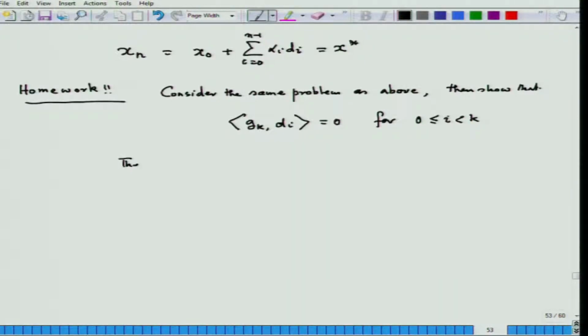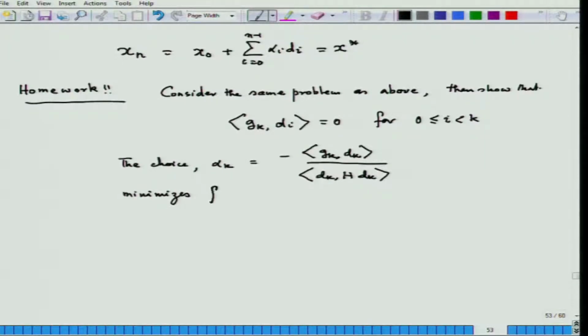And the choice of alpha_k is such that it minimizes f(x) on each line x equal to x_{k-1} plus alpha d_i.